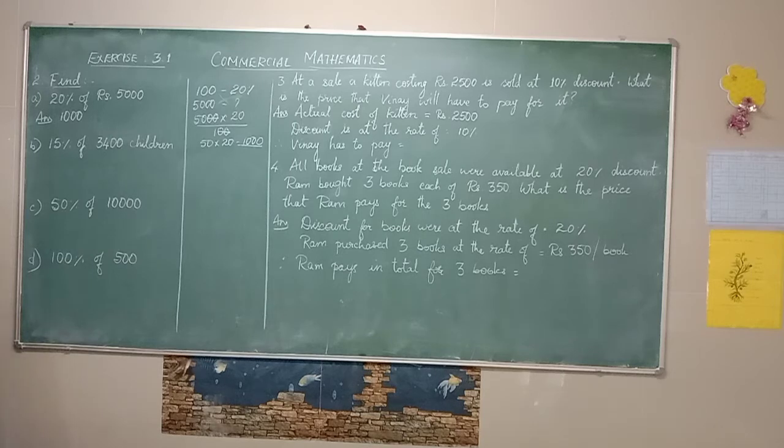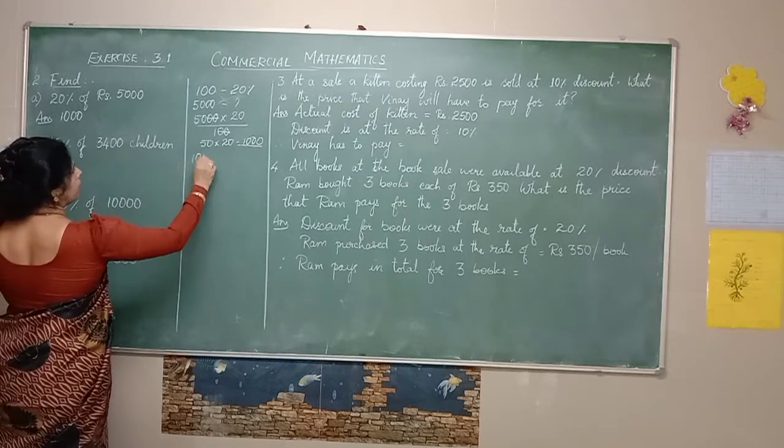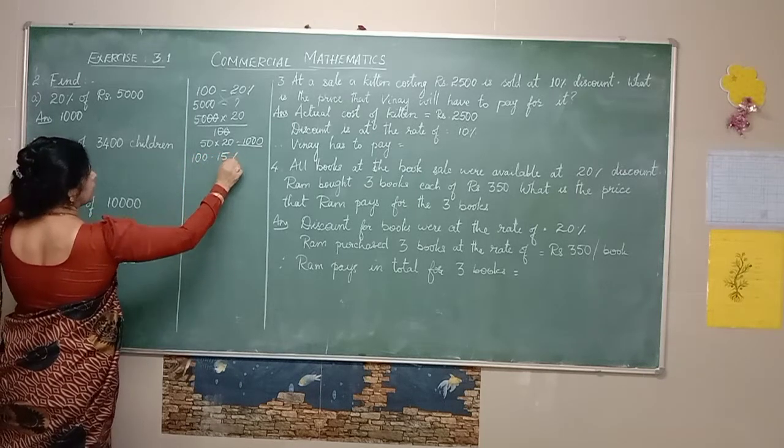Okay, now let us see the next sum. 15% of 3,400 children. Now you should count the total number of children. Maybe these children have attended some function or some program. So you should calculate 15% of those 3,400 children. For 100 it is 15%.